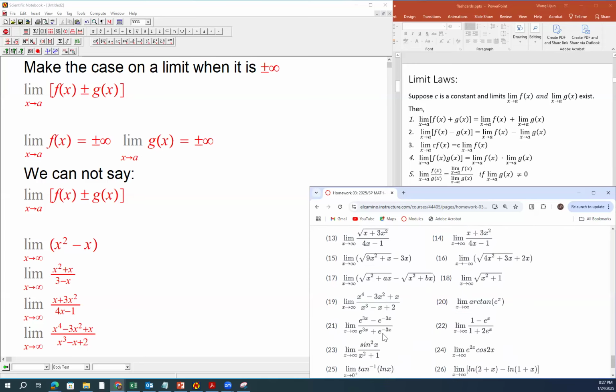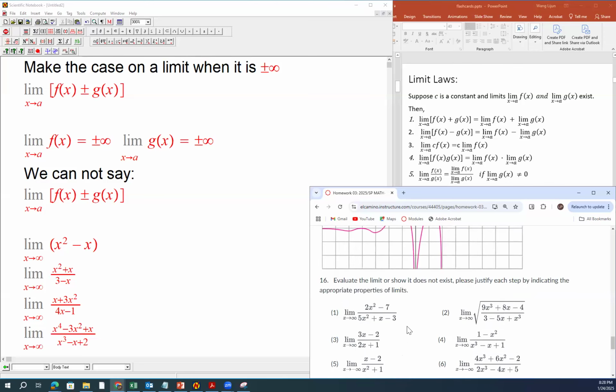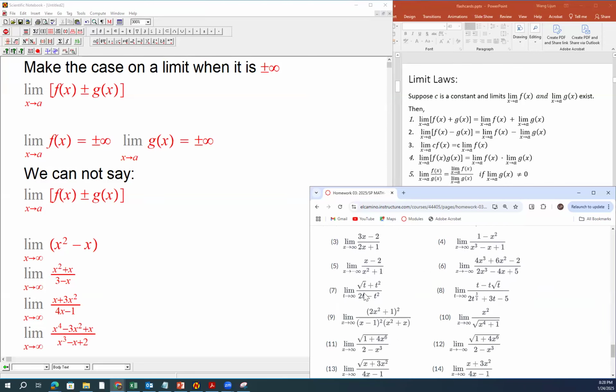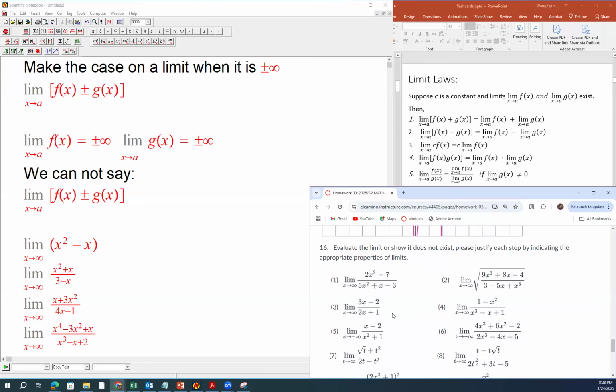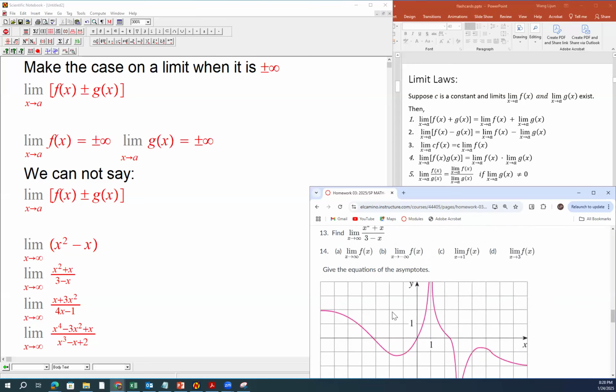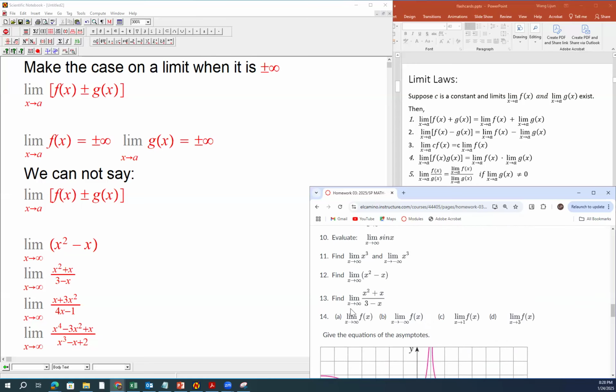However, in cases like number 19, and in cases like this one, number 13, number 12, how do we make the case that it looks like it's going to be approaching infinity?